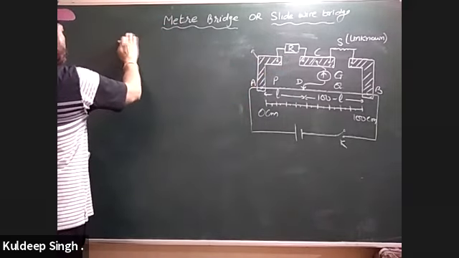Then this L becomes L plus 20 centimeter because the null point shifts away from point A by 20 centimeter. Therefore that will be L plus 20. And in the denominator, very carefully, 100 minus (L plus 20).